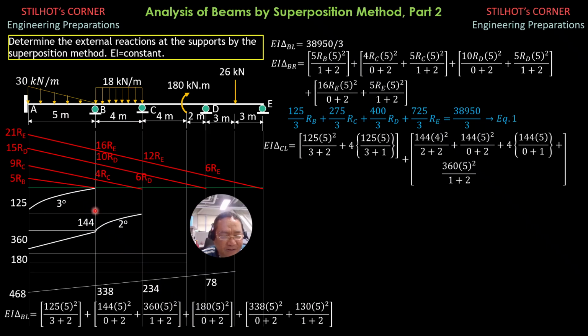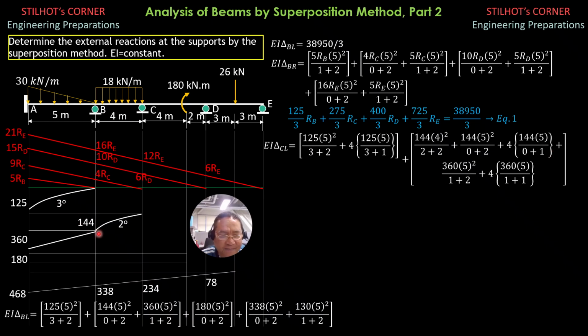Then because the end is at B, there is additional deflection due to that couple, which is 4 times the slope here. 4 times 144 times 5 over 0 degree plus 1.